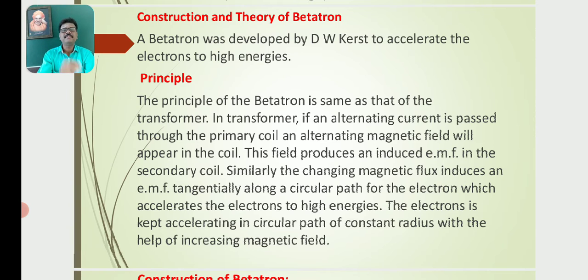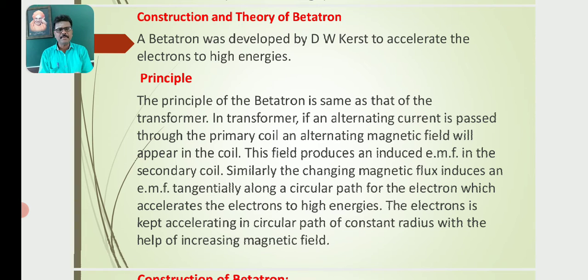So the principle of betatron is the same as that of the transformer. Usually the transformer consists of two coils, the primary coil and the secondary coil. When alternating current is made to pass through the primary coil, it produces a magnetic field around it, based on the magnetic effect of an electric current. When an electric current passes through a conductor, a magnetic field is produced around it.